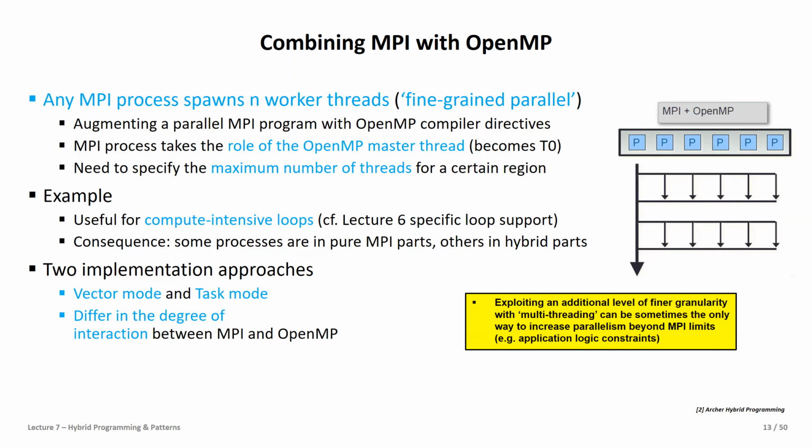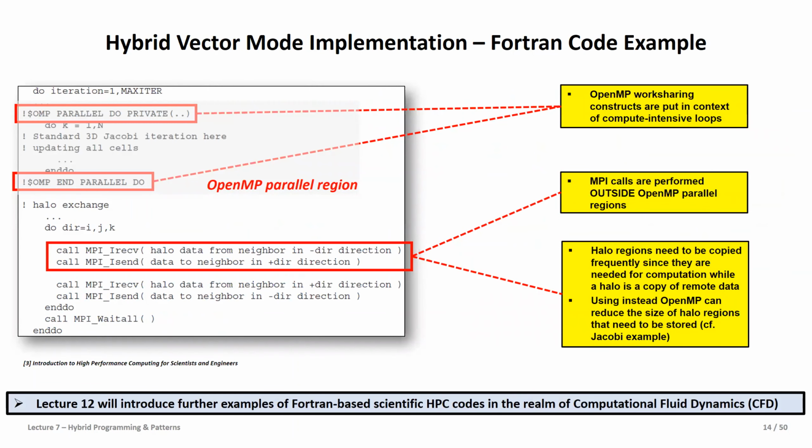They only differ in the degree of interaction between the MPI environment and the OpenMP environment, which is very important because we want to do this kind of multi-threading. We want to go beyond MPI limits and increase the parallelism, but we have different ways to do so, not only by combining this, also when we think about this hybrid vector mode, or the other that we will come to afterwards.